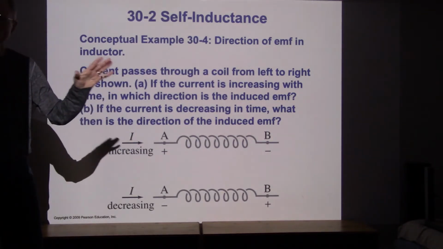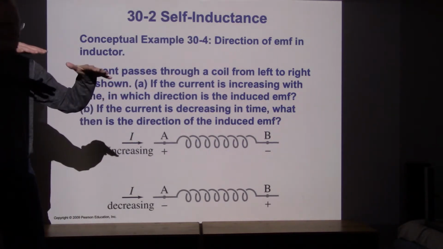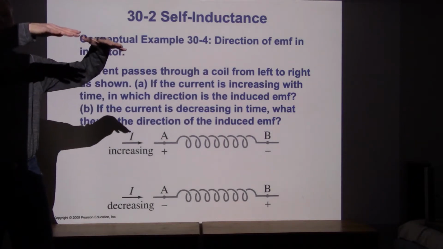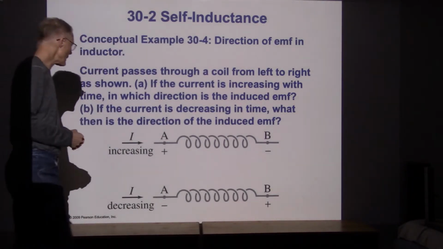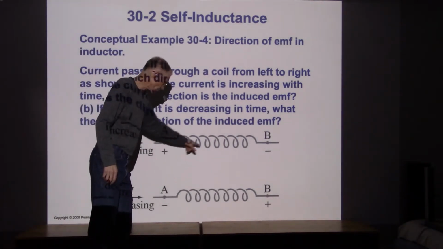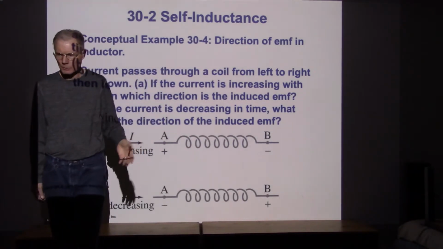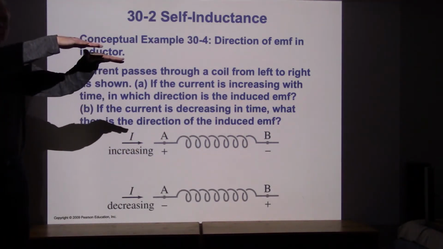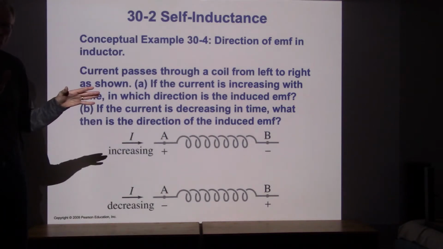It's like, oh no, we can't let this happen right away. We're going to have to take our time, let it rise up slowly. And then, if the current in this part of the circuit is slowing down, what the inductors do is they go, okay, we can't let it slow down too rapidly.